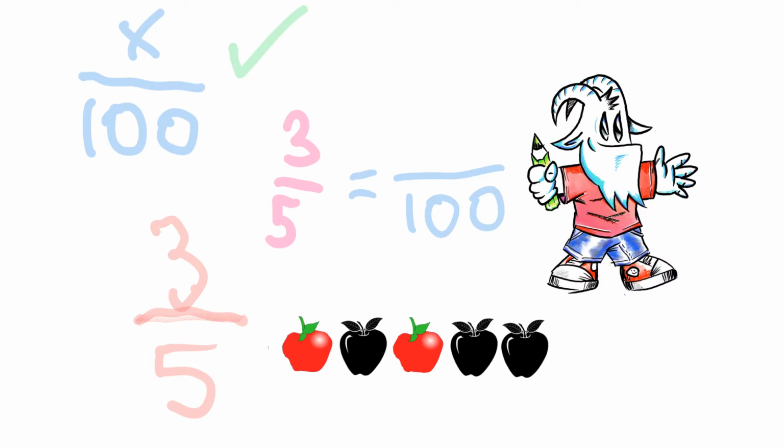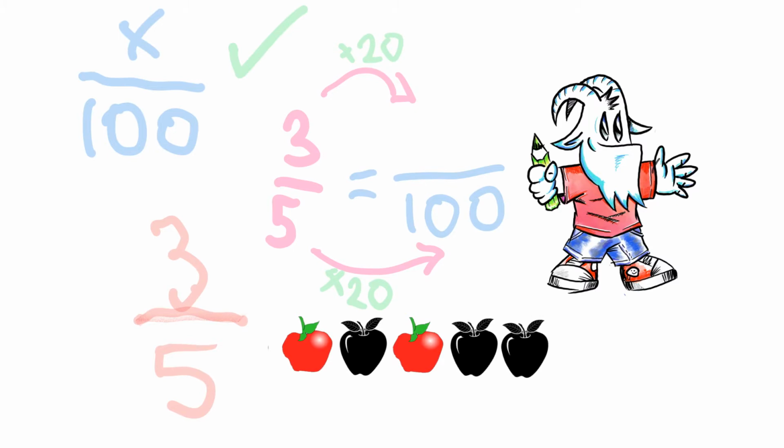In other words, how many times 5 goes into 100? Well, I would have to divide 100 by 5, and that gives me 20. So I'm going to multiply both numerator and the denominator by 20.